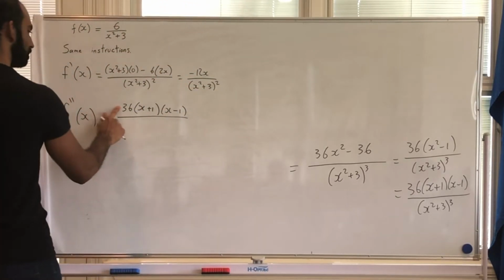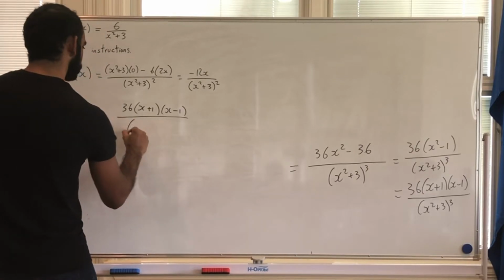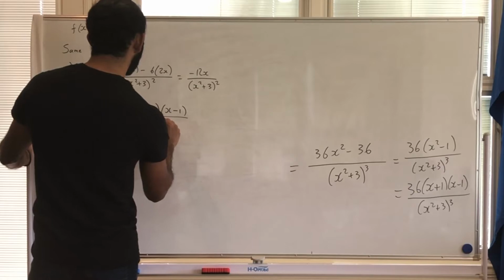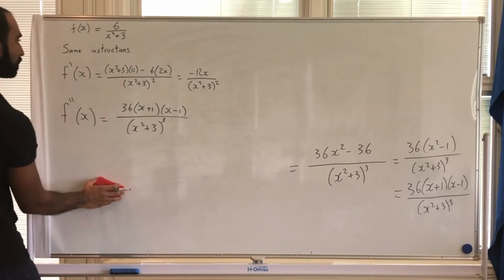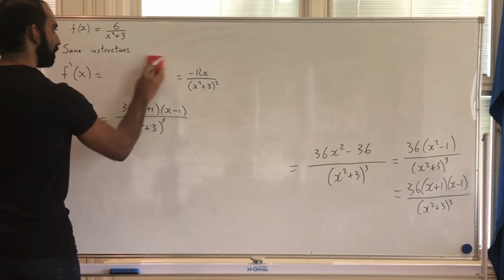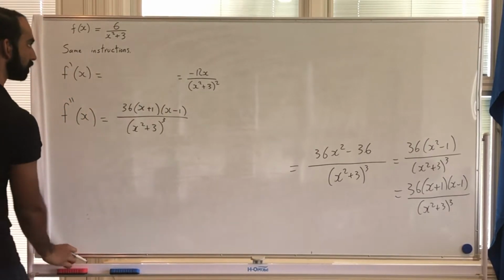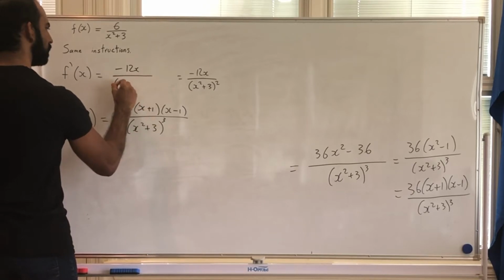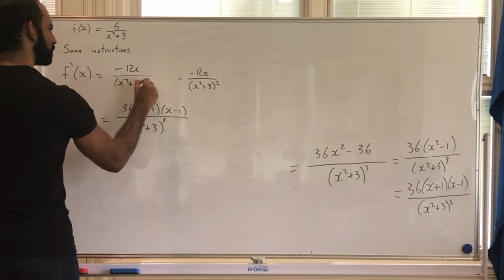Oh yeah, you're right. That's my second derivative, and my first derivative I'm going to just rewrite, a little closer to the left side. It's negative 12x over (x squared plus 3) squared.